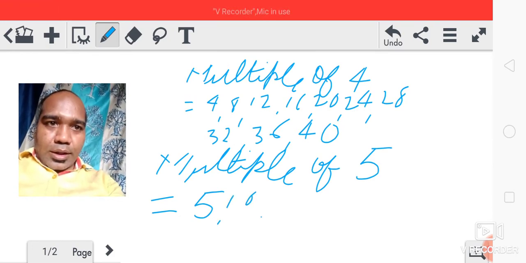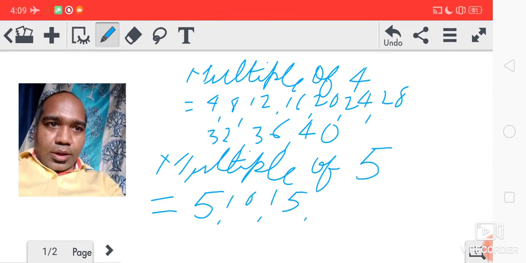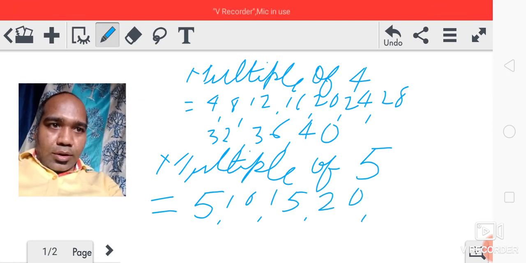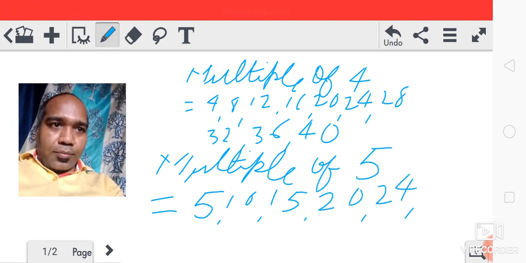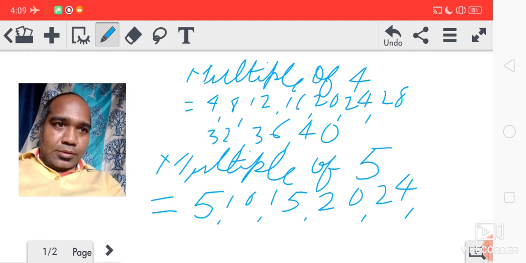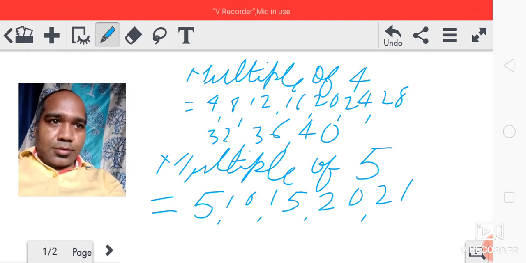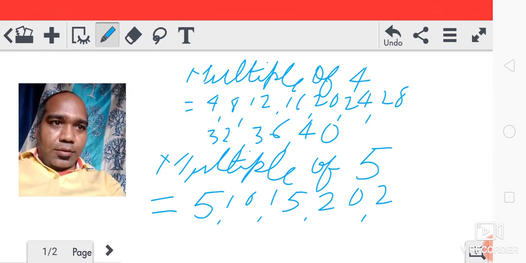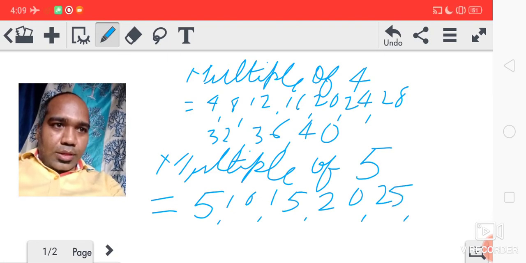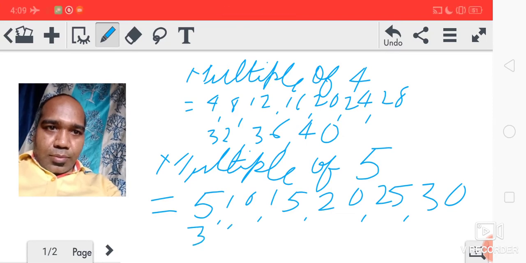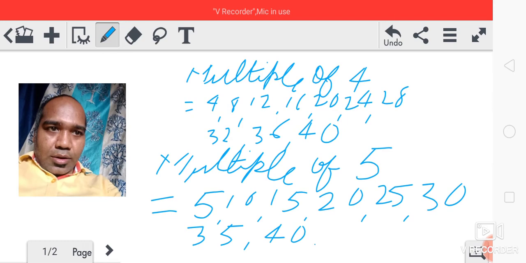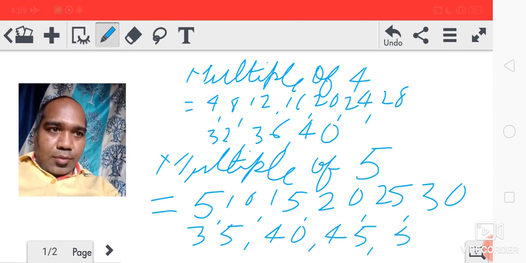5, 10, 15, then 20, then 25, oh sorry, not 24, it's 25. Okay, then 30, then 35, then 40, then 45, then 50. 5 tens are 50.